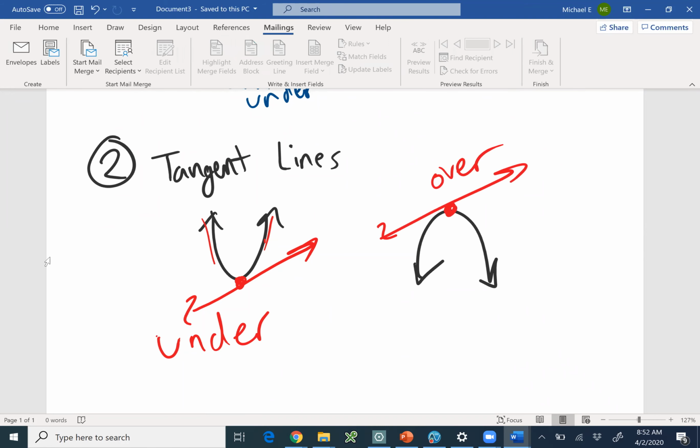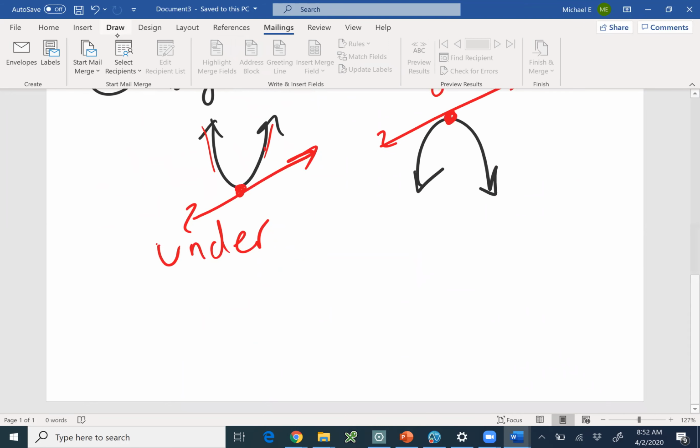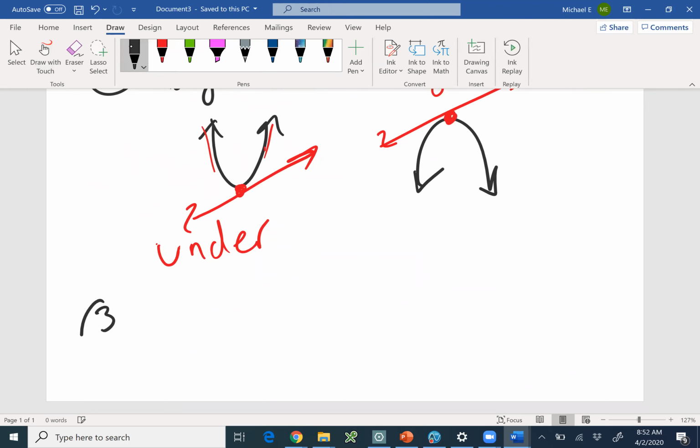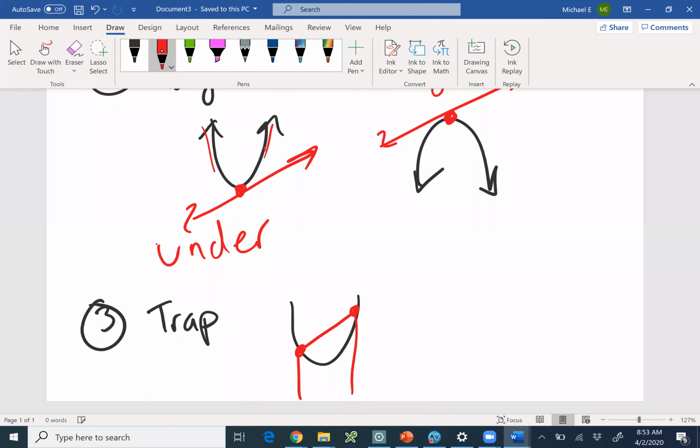And then the last one is for our trapezoidal rules. For trapezoidal rule, it's actually the same as tangent lines. It depends on concave up, concave down. So for trapezoidal rule, if I had a point here and a point here, and I make a trapezoid there, it's over it.